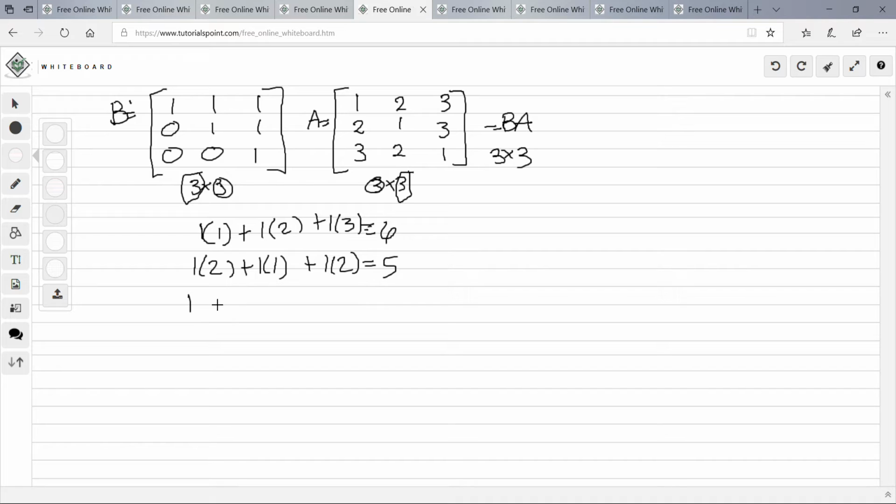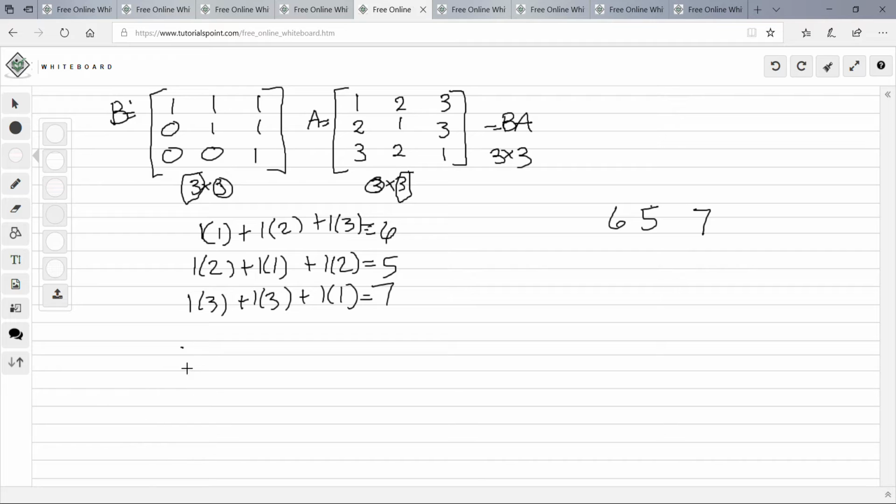So this is going to be 1 times 3 plus 1 times 3 plus 1 times 1, and that is 7. So our first row is going to be 6, 5, 7. Our second row, I'm going to multiply this row by each and every single column of A, right?